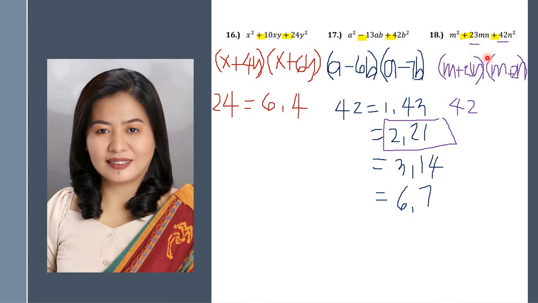Don't mind the m. So 2 plus 21 is 23. 21 times 2 is 42. So the factors of m squared plus 23mn plus 42n squared are m plus 21n times m plus 2n.